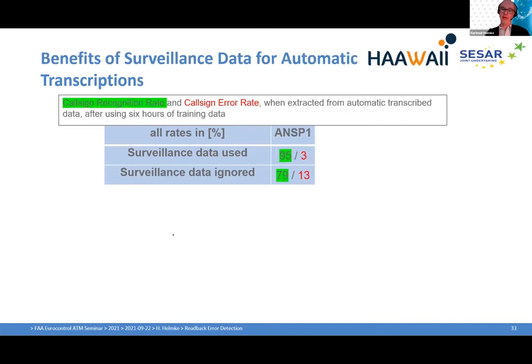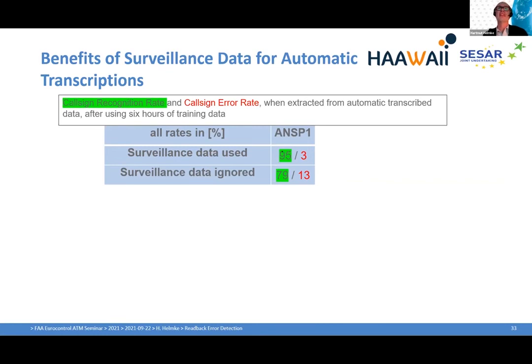But the data which I have just presented was a little bit cheating, because the input for the extraction algorithm was the perfect human transcription. Even for the perfect human transcription, manually written down with all the words correct, the extraction algorithm is not perfect.